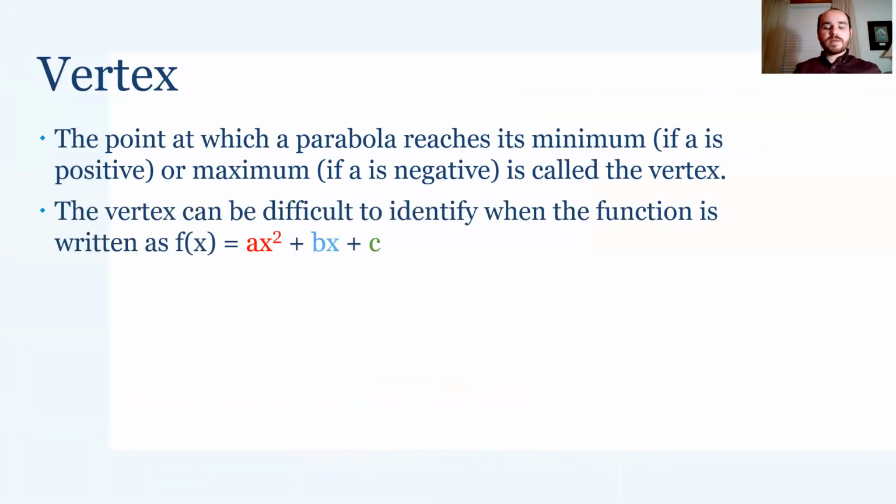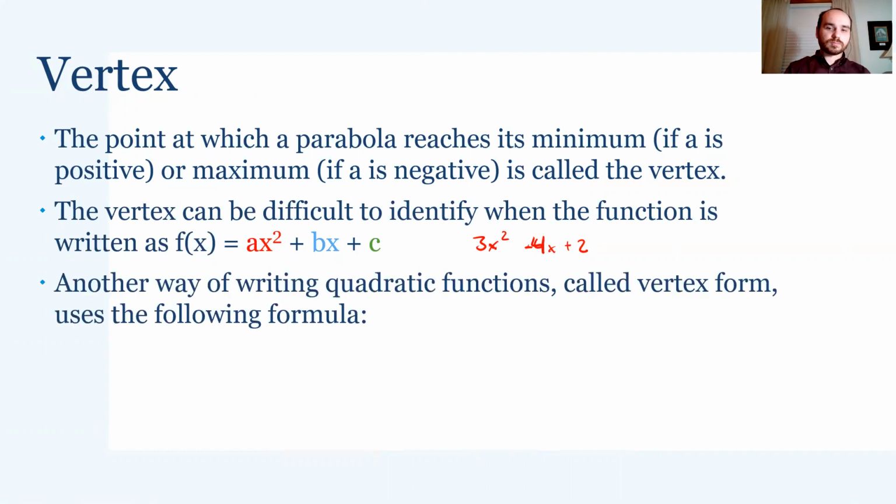And the vertex can be kind of difficult to identify when we write our function as ax squared plus bx plus c. If you just have like 3x squared minus 4x plus 2, it becomes really difficult to tell where the vertex is actually going to be in your function. But there's another way of writing quadratic functions, which is called vertex form, and it uses this.